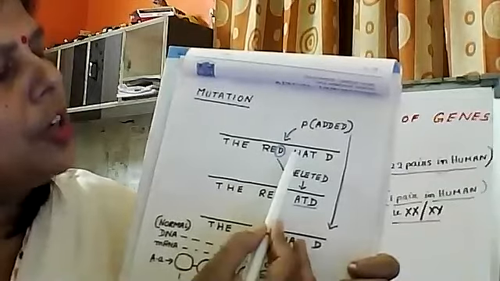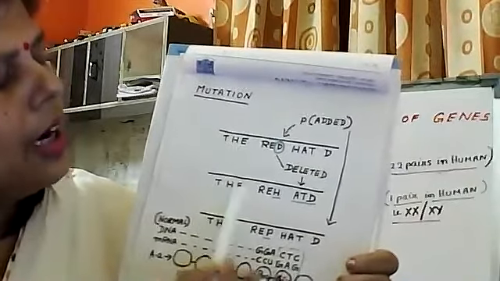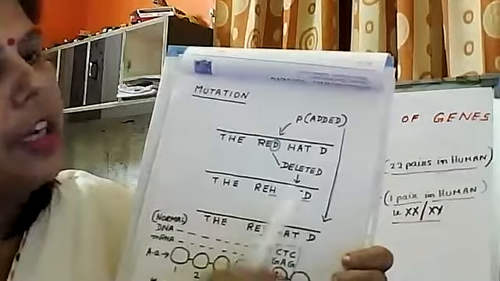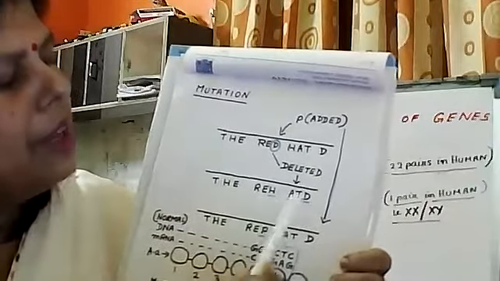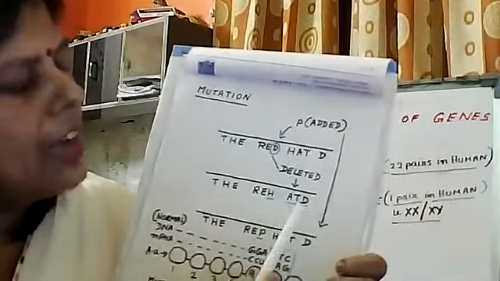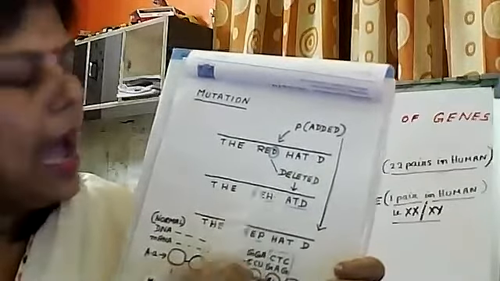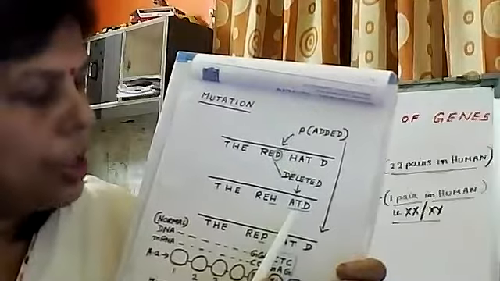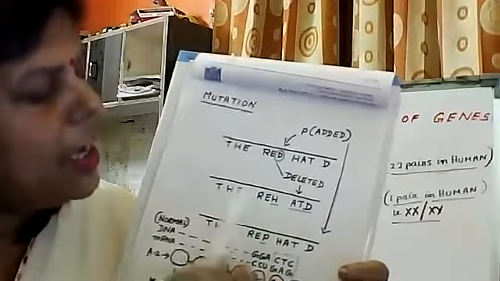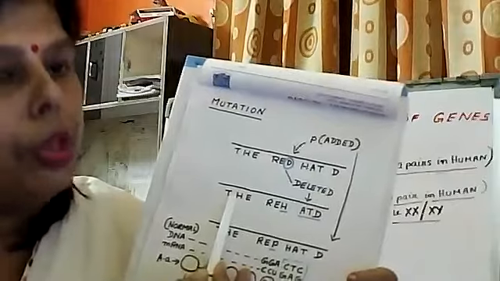That means H will be shifted here, and it becomes RE HAT D. So the shifting of the letters has taken place, and it has no meaning, or it may give rise to some new type. This is said to be the mutation, and since the shifting has taken place, it is termed as frame shift mutation.